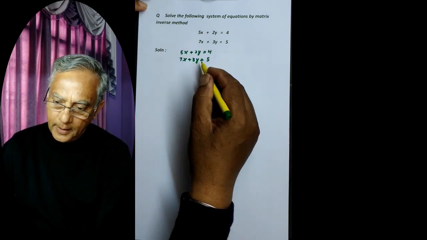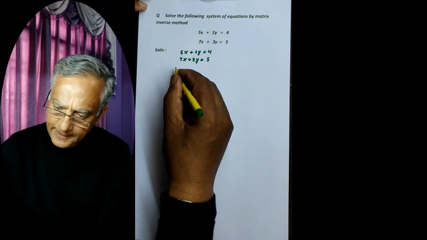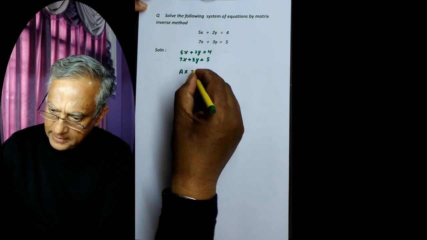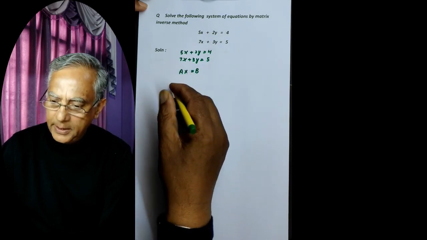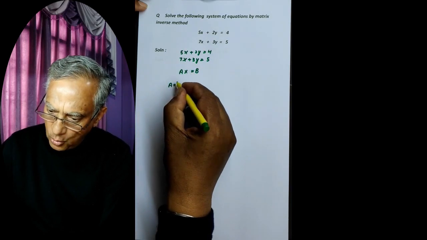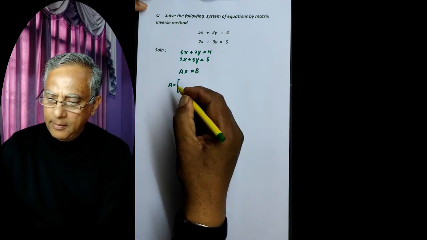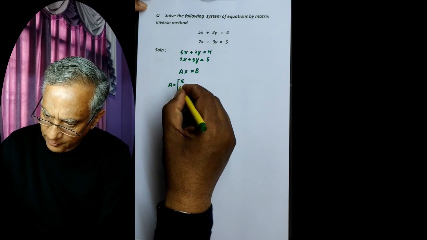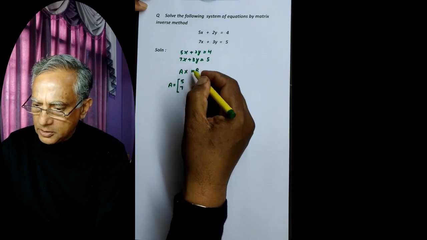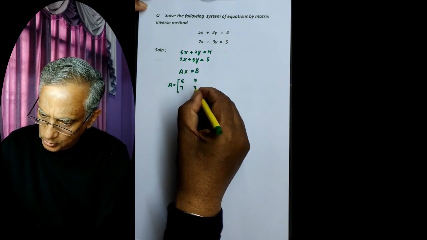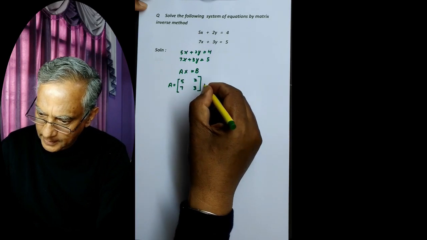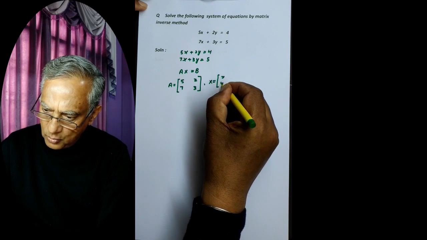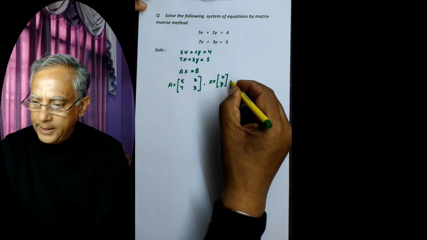This system of equations can be written as AX equal to B, where A is the coefficient matrix. Now coefficients of x are 5, 7. Coefficients of y are 2, 3. And X is x, y. We have only two variables.